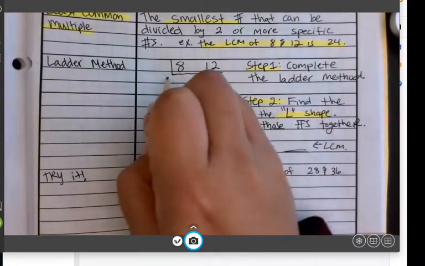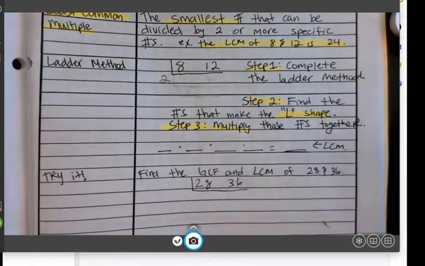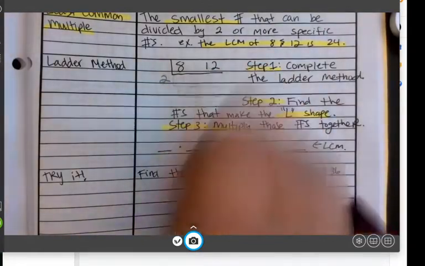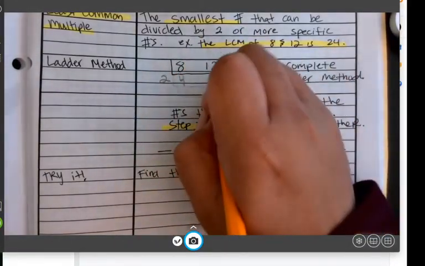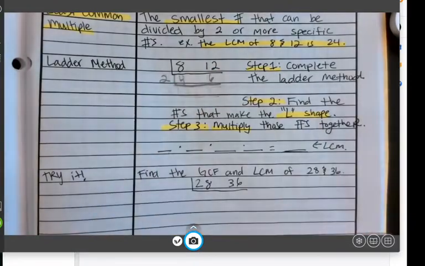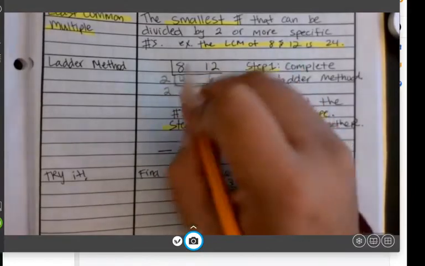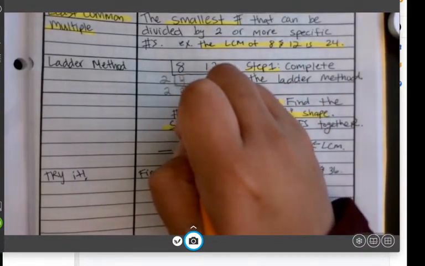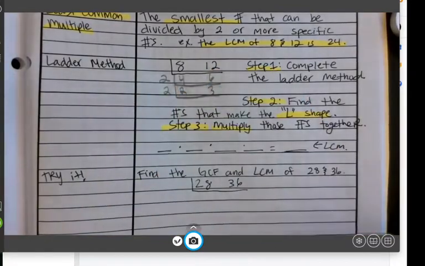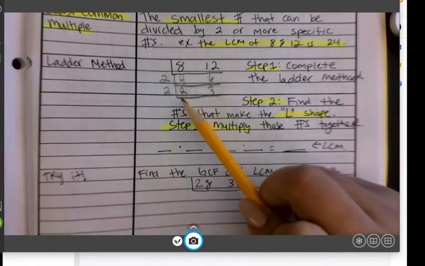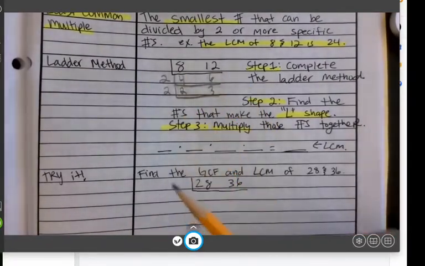We take a prime number on the outside that you can divide both numbers by. 8 can be divided by 2, and 12 can be divided by 2. 8 divided by 2 is 4, and 12 divided by 2 is 6. 4 and 6 can also be divided by 2. 4 divided by 2 is 2, and 6 divided by 2 is 3. Now we are at 2 and 3, which are both prime numbers, so you can no longer divide these. Your ladder method is now complete.